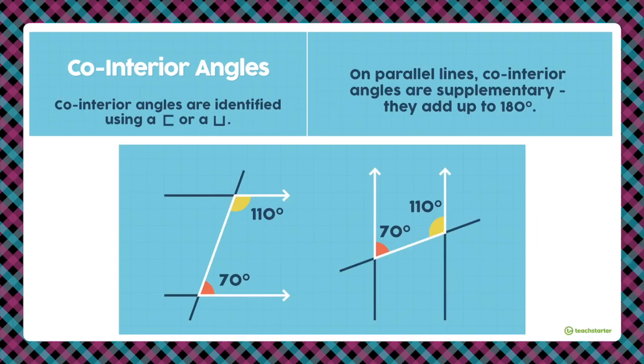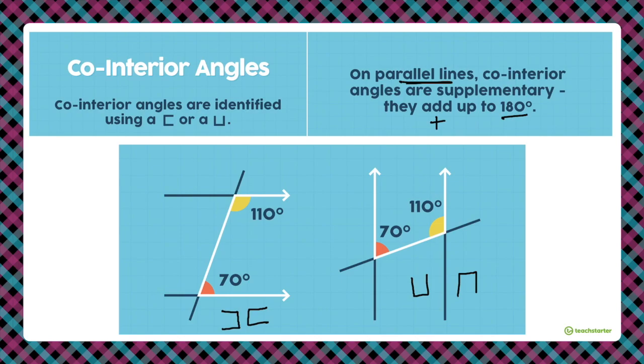Lastly, we have co-interior angles, and we're looking for that U. We're looking for that U like this, or maybe even sort of like an N like that, or a C like that, or like a backwards C. That's the shape we're looking for. We're looking for the 2 angles that are inside those lines. And again, if it's parallel lines, then they add to 180.